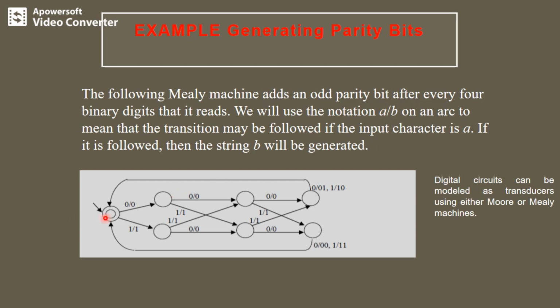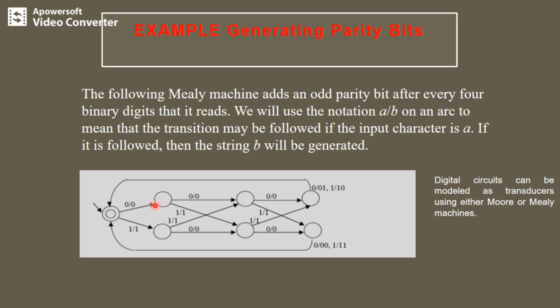So let's see now, this is the start state. What did I say? After every 4 binary digits that it reads, it generates an odd parity bit. Odd parity bit in the sense that the number of ones needs to be an odd count.